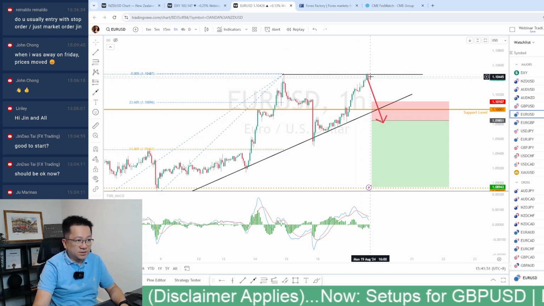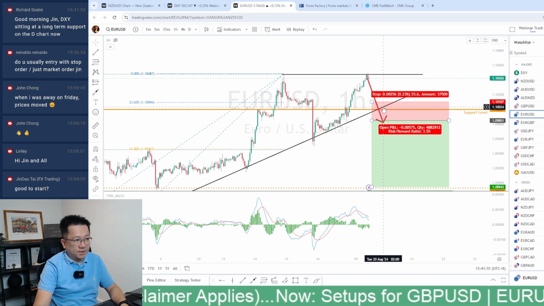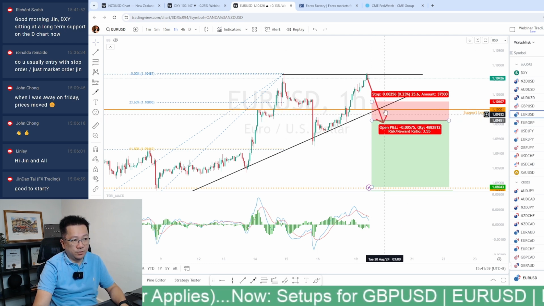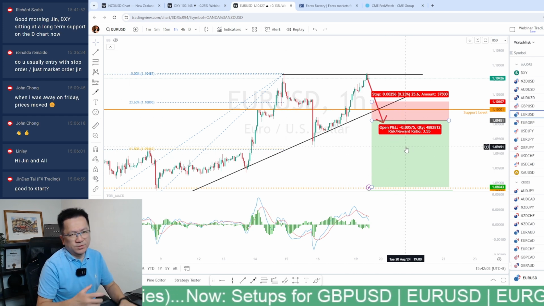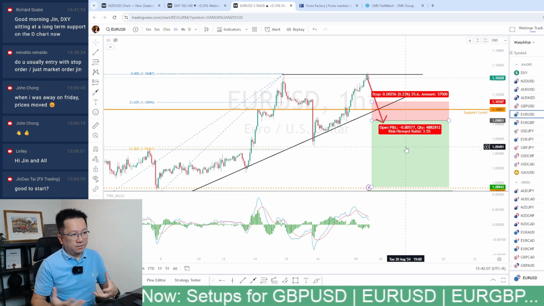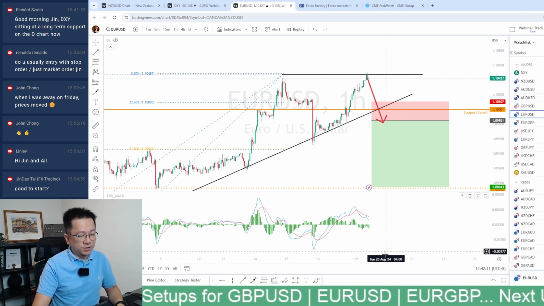If it comes right down and bounces around this point, then I might put a stop order to catch the move to the downside. So it's all based on timing, whether I'm watching the charts or not, and where I see price heading in that short term.